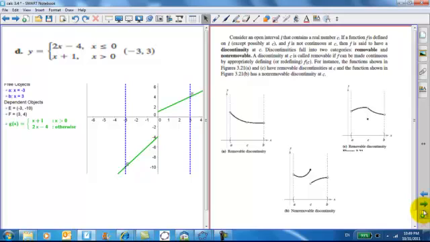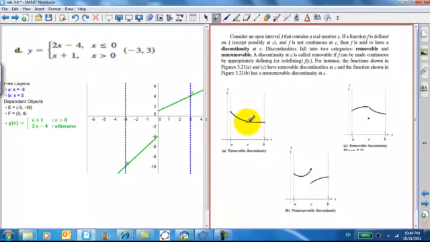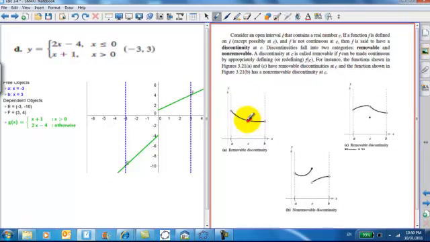Now we have different kinds of discontinuities. It's a removable discontinuity if you can fix it. If I put a dot in, let's try that. See how we can fix this discontinuity by just filling it in. If we can redefine the function at that point with just one other point, that's fine. And we can fix this by saying, oh, let's move this up here.